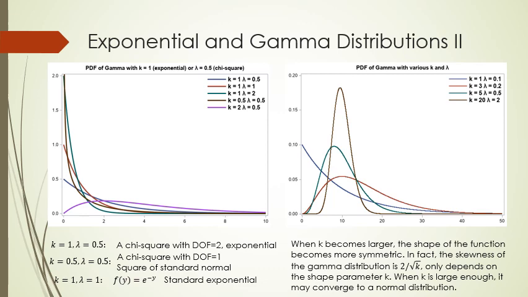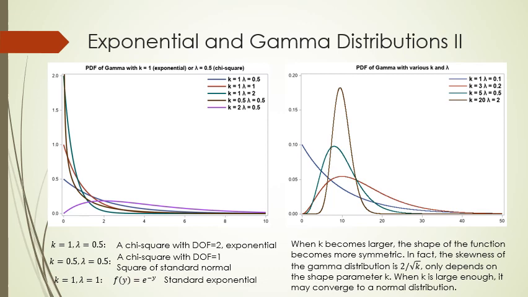When k equal to 2 and lambda equal to 0.5, we have the purple curve. The mode of this distribution is 2, as shown in the graph. If k equal to 1 and lambda equal to 1, then it is the standard exponential distribution. The right graph shows the gamma distribution under various k and lambda.